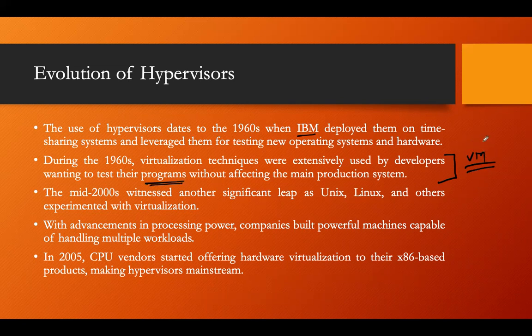Whatever effect there is will be in the virtual machine only; it will not affect the underlying physical machine. To fulfill the requirement for these virtual machines, the hypervisor concept came into the picture.